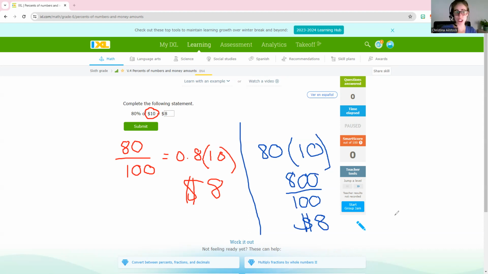They're both very similar. It's just whether you decide to divide by 100 first and then multiply, or multiply and then divide by 100. They will still get you that same answer. So whether you like the red method or the blue method better, pick one and go with it. I'll probably do both throughout the remainder of this video so you can still see a couple examples of each.